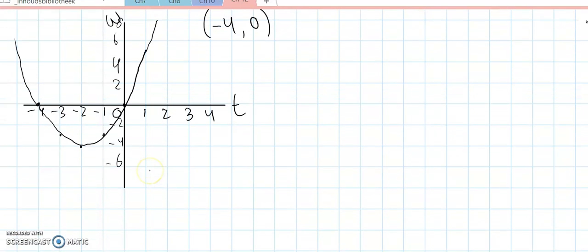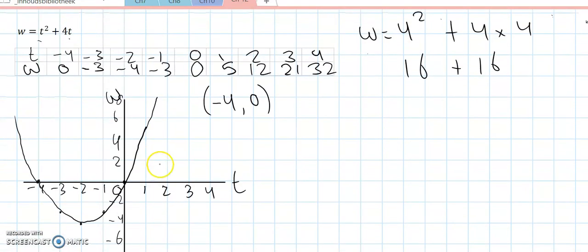Okay, the last question was about whether a point lies on a graph. If I ask you, does the point 1, 5 lie on the graph? Then you can use your formula to check that. Because this is the t value, and this is the w value. Always first the horizontal and then the vertical. And there you're going to replace the t with a 1.